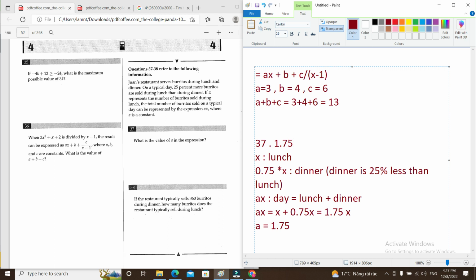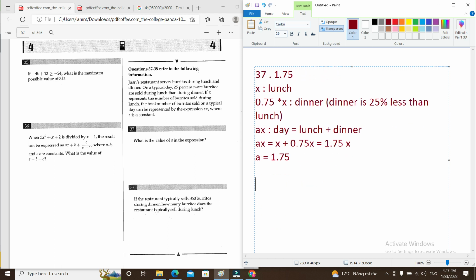Okay, last question. If the restaurant typically sells 360 burritos during dinner, how many burritos does the restaurant typically sell during lunch? So 38.